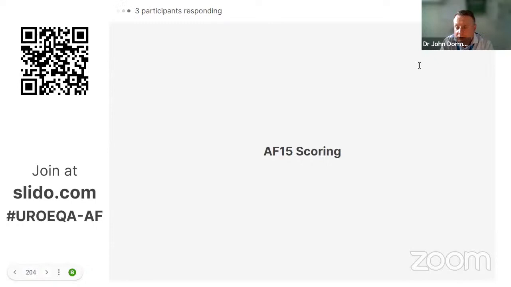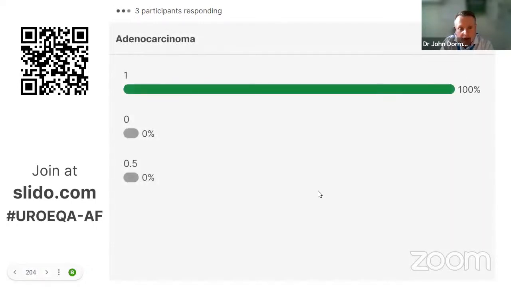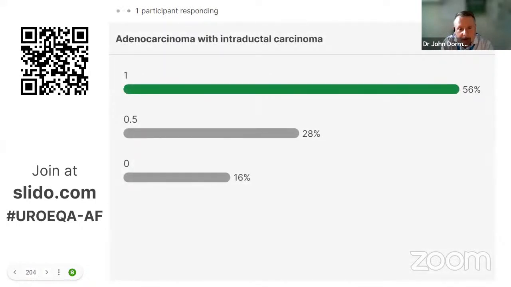A few more people scoring. So adenocarcinoma is 1. Adenocarcinoma with intraductal is 1. And adenocarcinoma with AIP is also 1. So everybody gets a point.